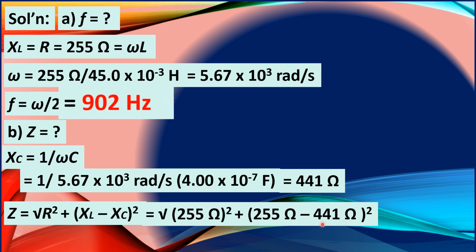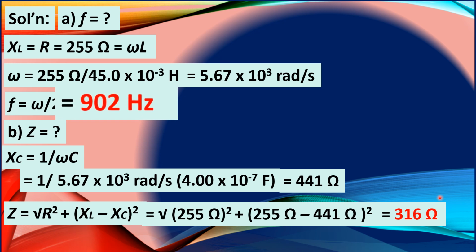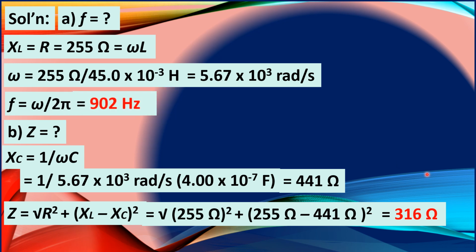So their difference will be squared, then added to the square of R, and getting the square root, we will get the value for impedance, which is 316 ohms.